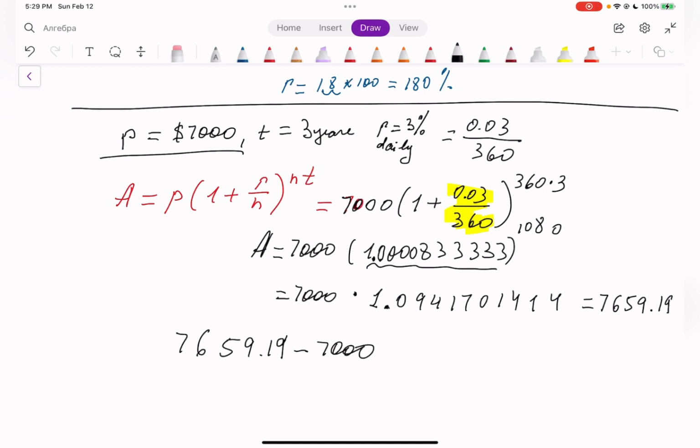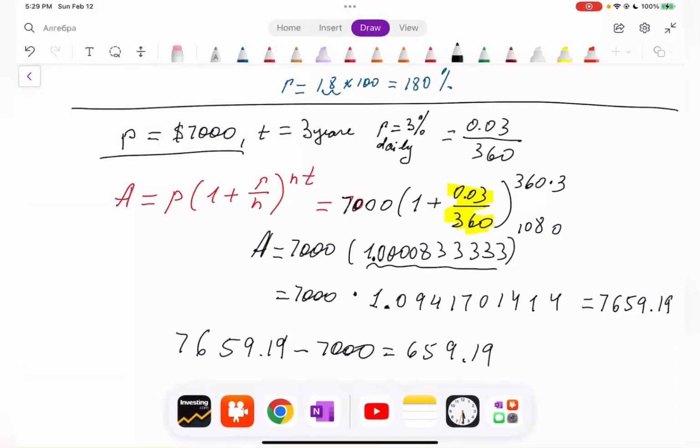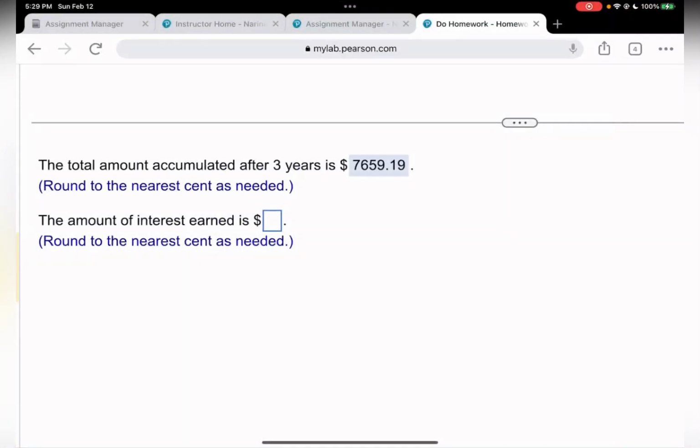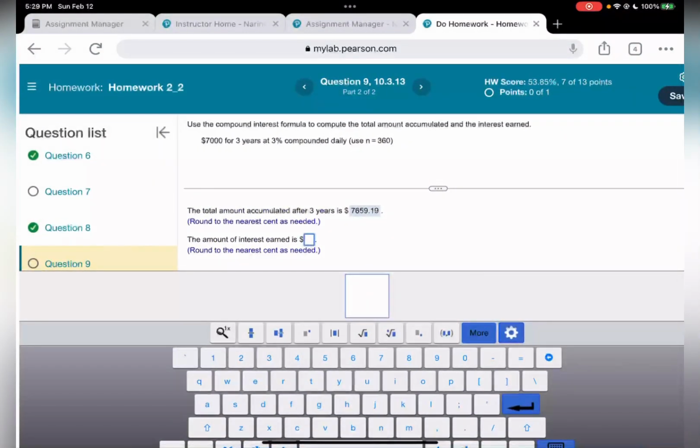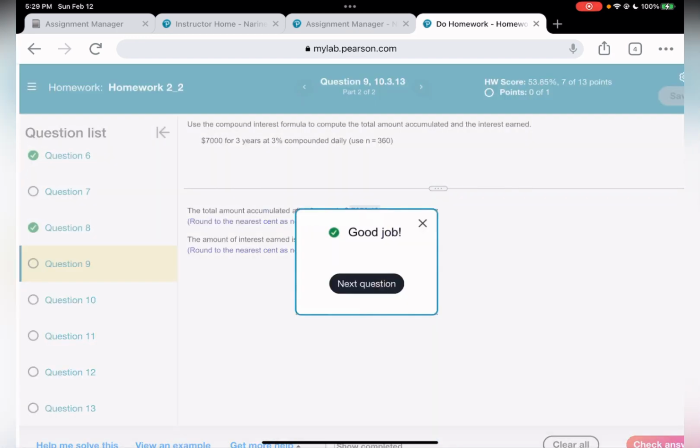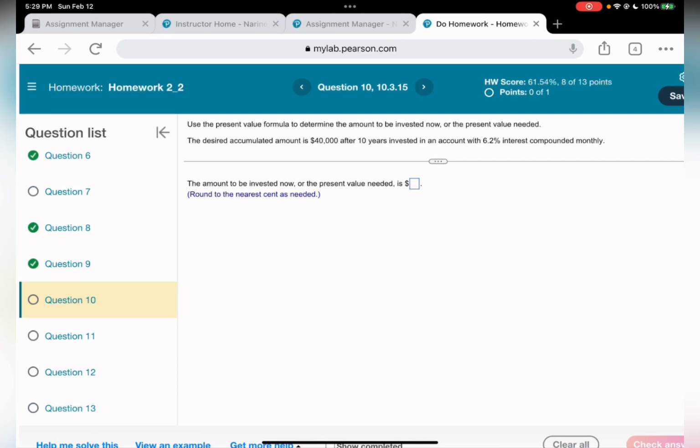And we are getting $659.19. Okay, bingo. Moving to question number 10.